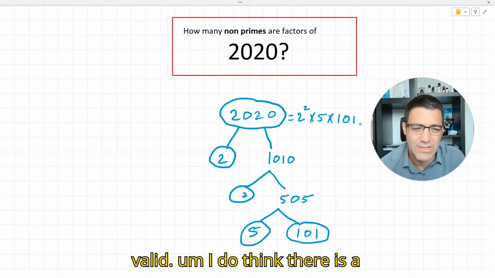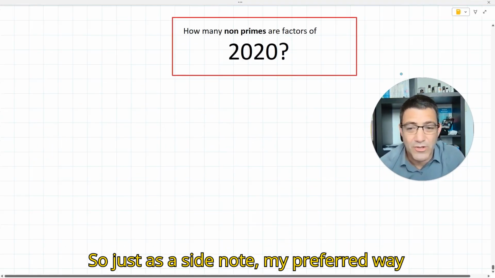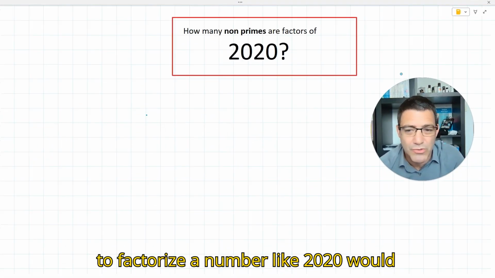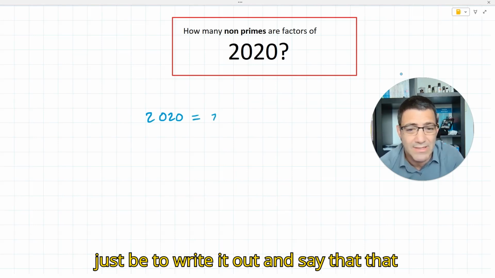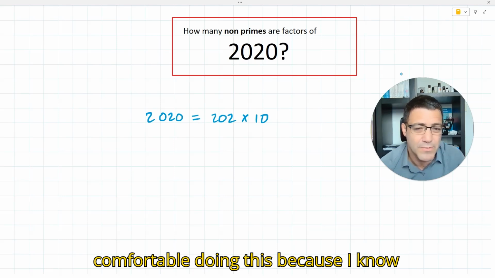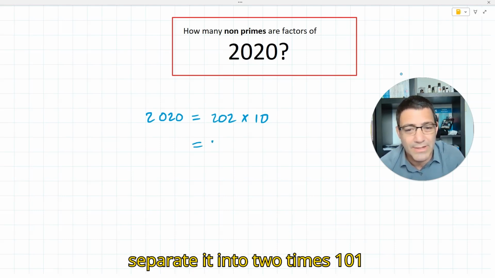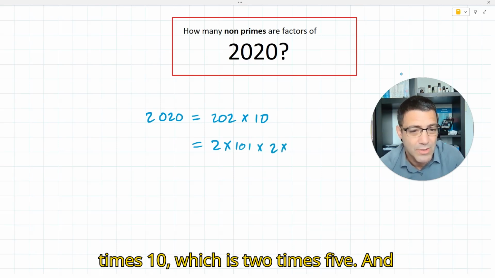I do think there is a little bit of a faster way to do something like that. So just as a side note, my preferred way to factorize a number like 2020 would just be to write it out and say that that is 202 times 10. And I'm comfortable doing this because I know that 10 is 2 times 5. So here I can separate it into 2 times 101 times 10, which is 2 times 5.